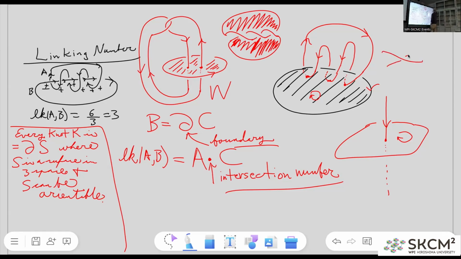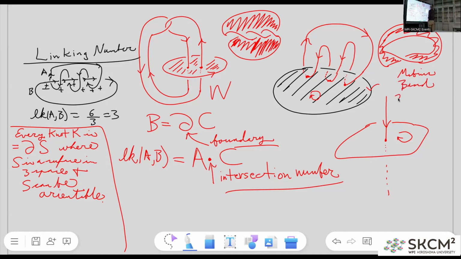A Mobius band is a perfectly nice surface, but it's non-orientable, and non-orientability for us geometrically can be just taken to mean that you choose a normal vector to the surface and move around. And if you move all the way around on a cycle, you come back to where you started, but the normal vector is flipped.